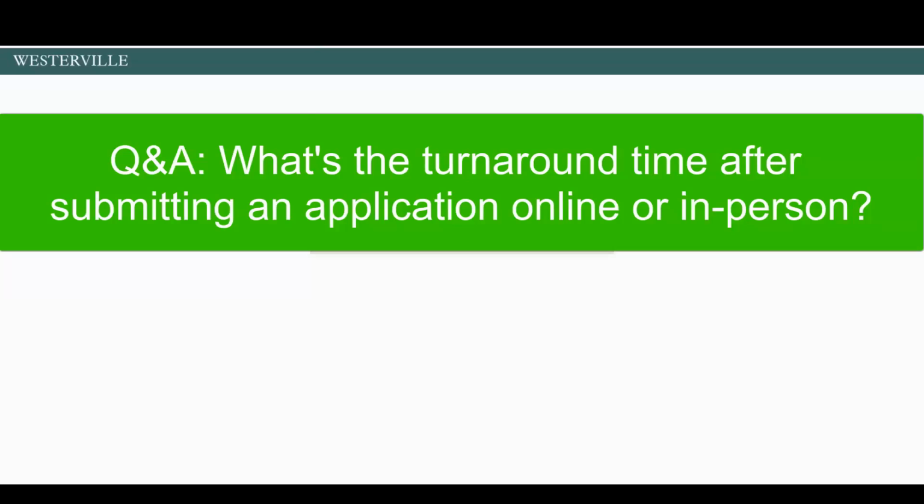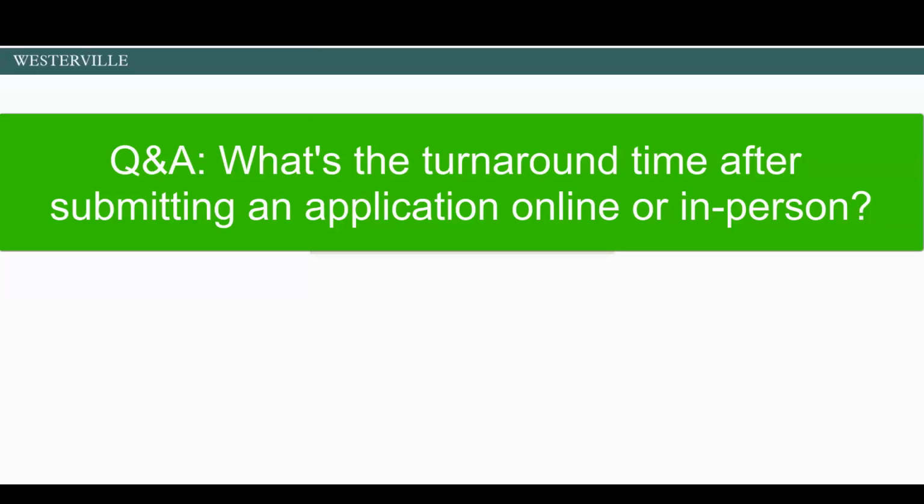So the turnaround time for permits varies widely. It really depends on what type of permit you are submitting. If you were in person and you handed someone an application, they would look it over, make sure it was correct, and then they would accept it and start the work. We do that same sort of process online.